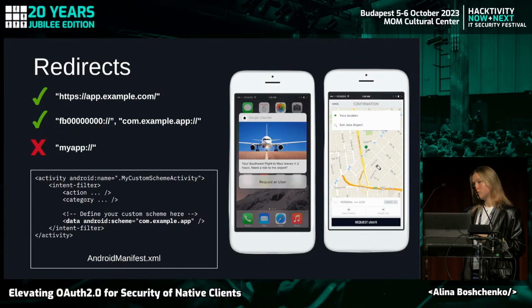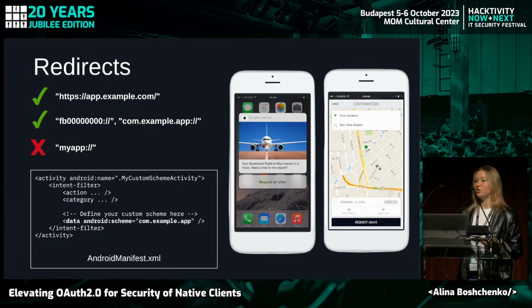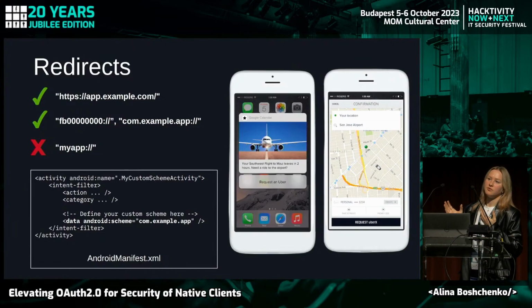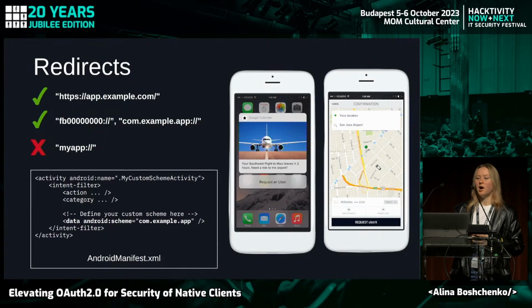For example, on Android, you need to register an intent filter in the manifest file, basically claiming that you are able to handle incoming requests with this particular scheme. And note that this functionality is essential for legitimate apps' communication, so it's definitely a feature.